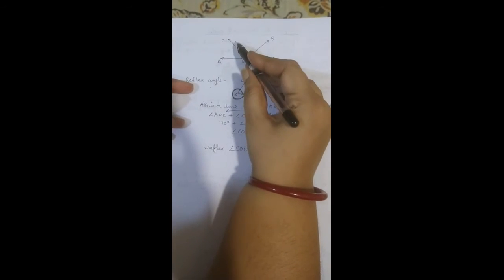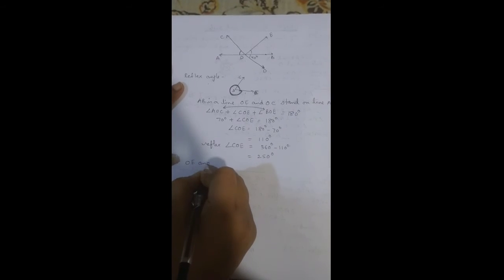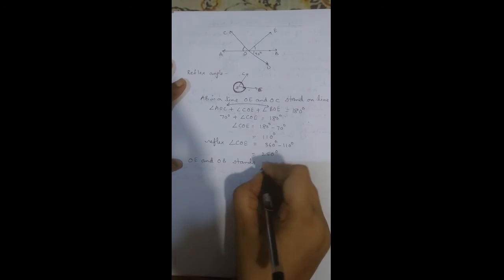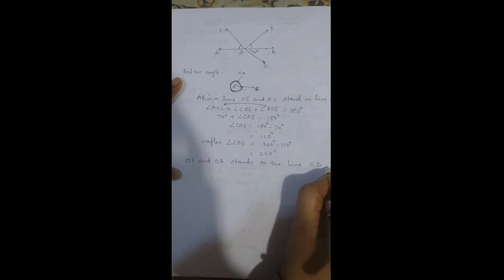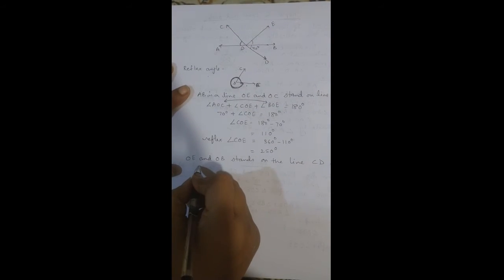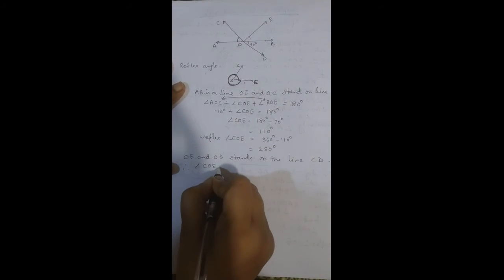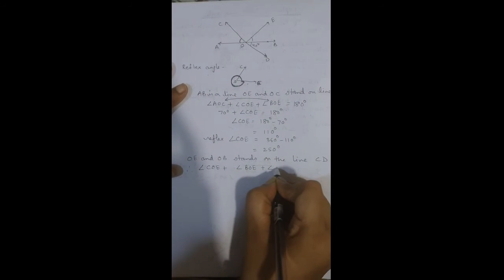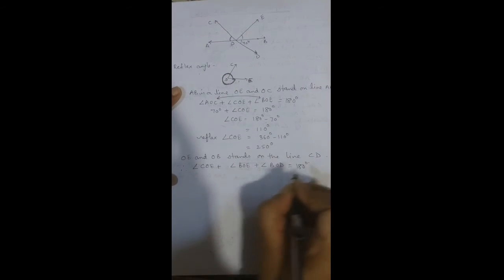Now OE and OB stand on the line CD. Therefore, angle COE plus angle BOE plus angle BOD equals 180 degree.